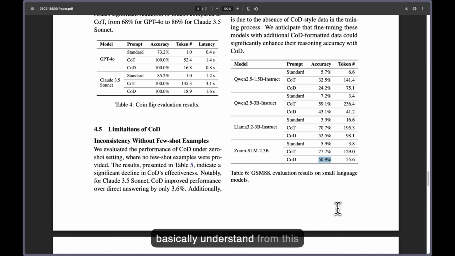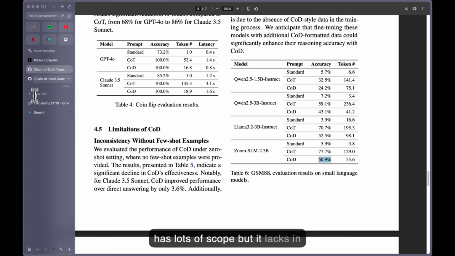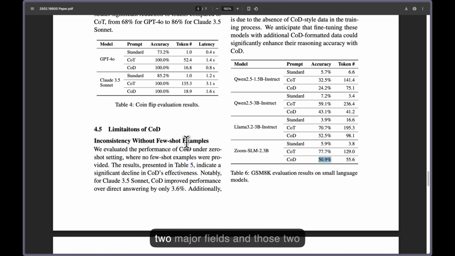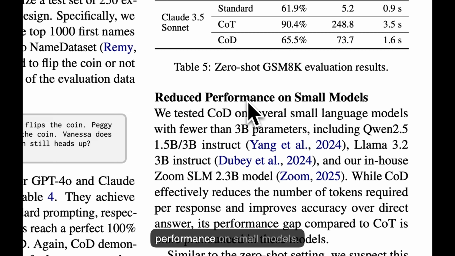What can we understand from this whole paper is that the concept is there. Obviously chain of thought prompting is good, and it has lots of scope, but it lacks in two major fields, and those are very important. One is inconsistency without few short examples, that is, it doesn't have data to work with for those drafts, and obviously reduced performance on small models.